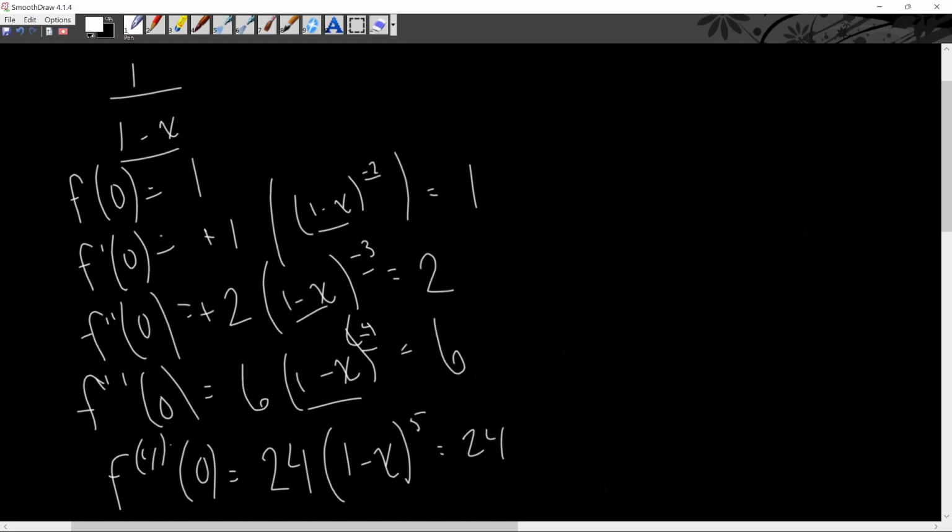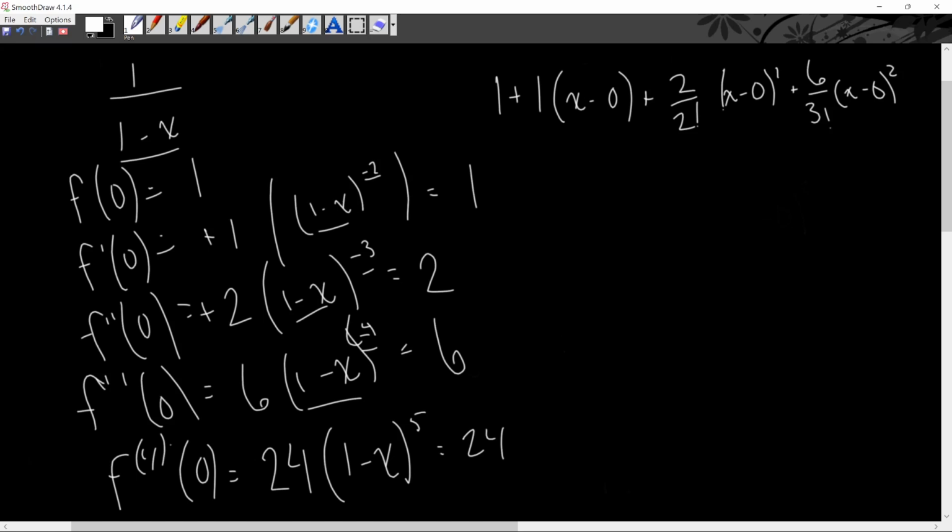So our series looks like this so far. We have f of 0, which is 1, plus 1 times x minus 0, plus 2 over 2 factorial, x minus 0 squared, plus 6 over 3 factorial, times x minus 0 to the third power.